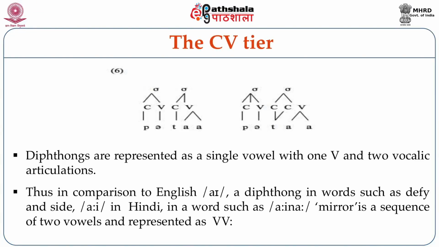The same is the case with a sequence of two vowels and a diphthong, where the diphthong is represented as being one vowel with two actual vocalic symbols, like a and e being a single vowel, and a sequence of two vowels a, e being actually two V's on the CV tier.